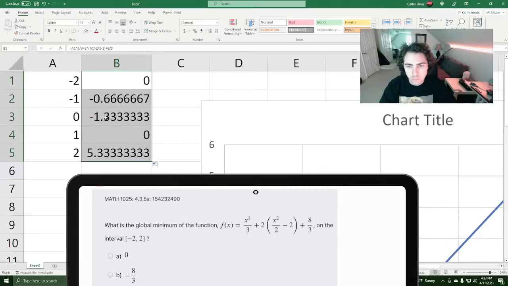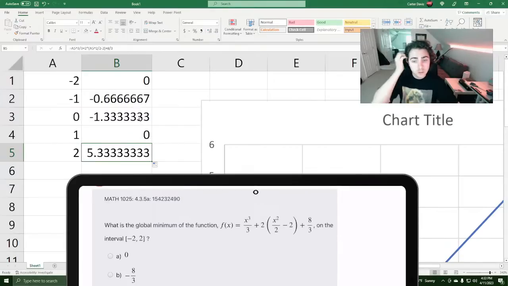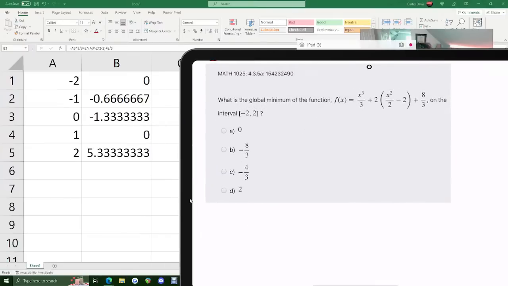So global minimum means when you look at these y values and you ask yourself which one is the smallest, which one's the lowest y value, -1.33 is our answer. So that is our global minimum. So the global minimum is just the smallest y value you see in this window from -2 to 2. So we ask ourselves which one of these is equal to -1.33.